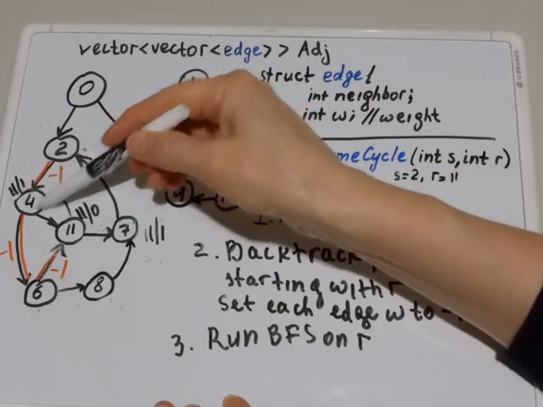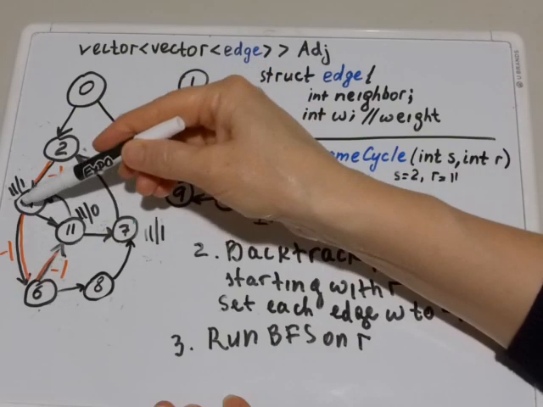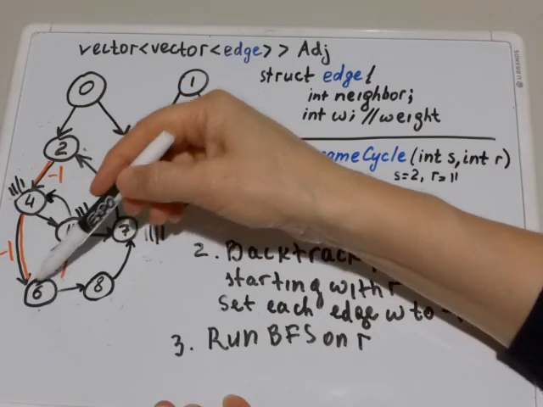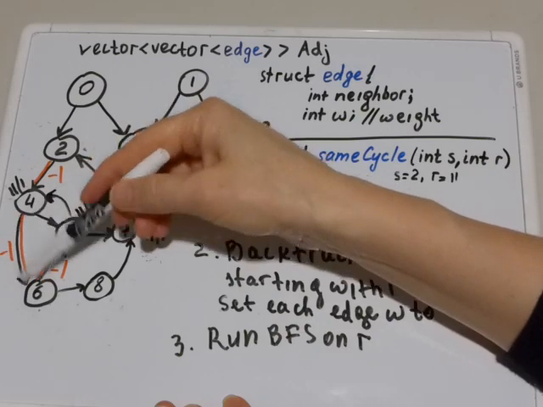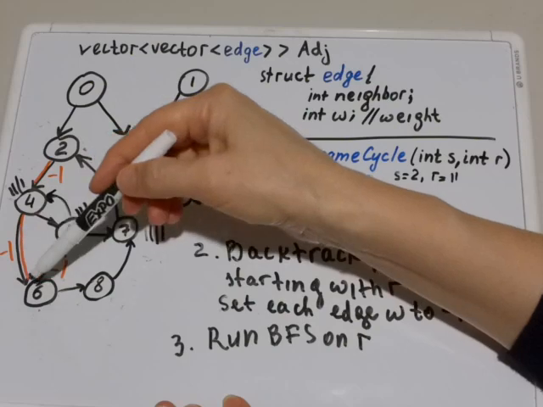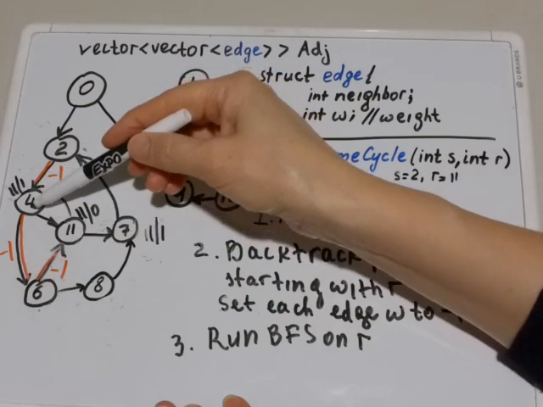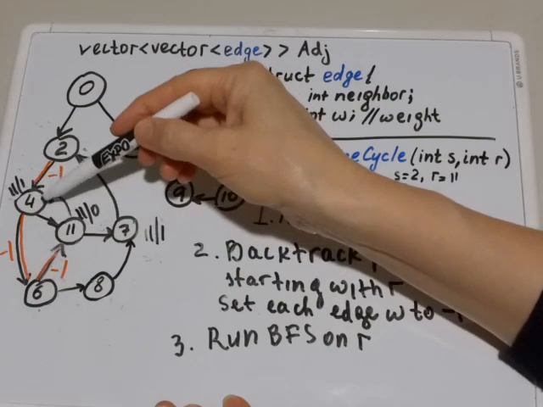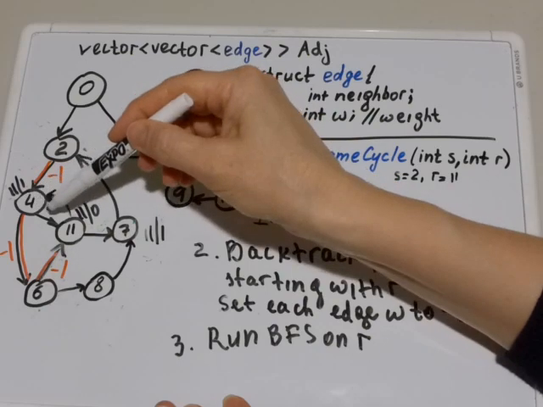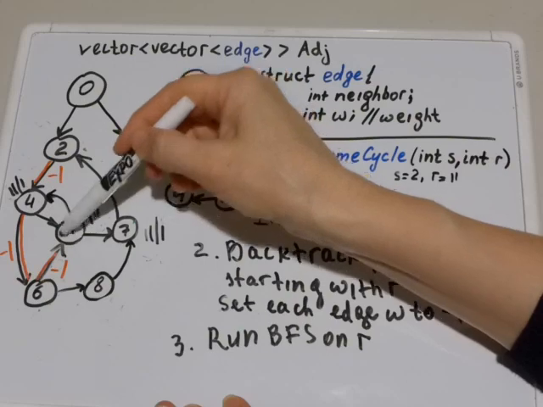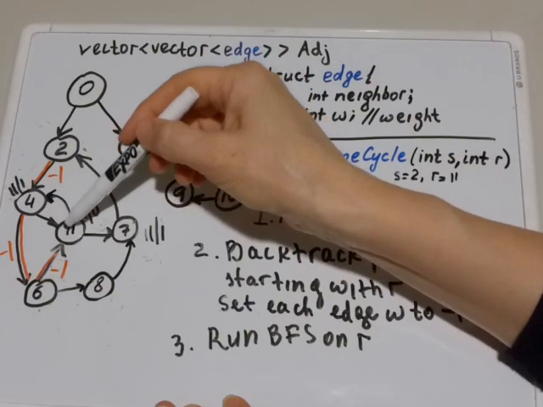In 4, we have two edges. It first looks at the edge to 6. When it looks at 6, 6 has infinity distance, but W is -1. That means we shouldn't take this edge. We're not going to put 6 into Q. So we're looking at this edge. This edge doesn't have -1, but its distance is not infinity, so we don't put it in the queue.